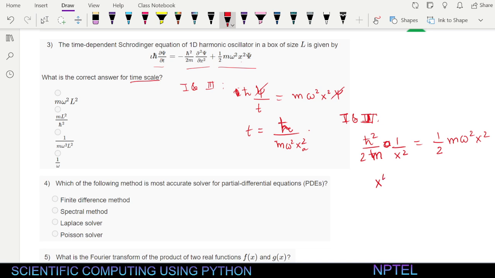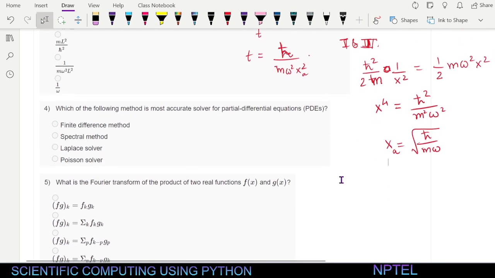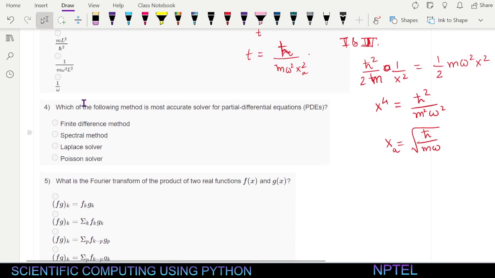So we get x to the power 4 is h square by m square omega square. So x is the square root of h by m omega. This is our xa. Maybe I should have given some space here.